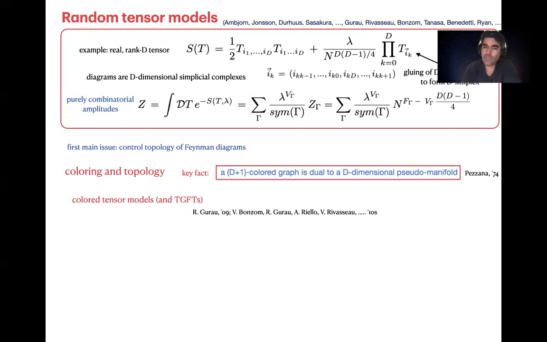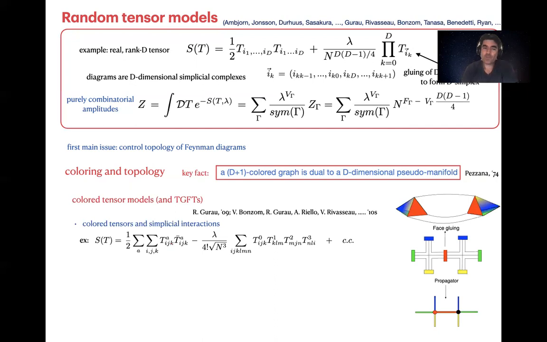tensorial group field theories by Razvan Gurau in 2009, but then immediately after by a number of other colleagues and friends. So one way to do it is to color the tensors and maintain these simplicial interactions.